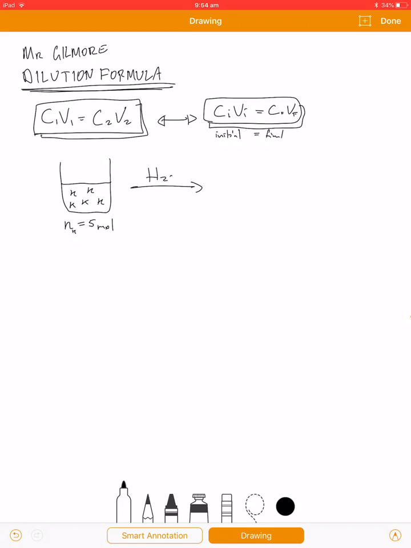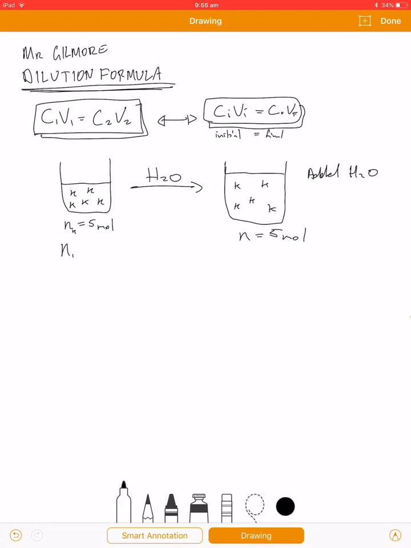To do that, all we're going to do is add distilled water. Our beaker now has a larger volume, but all we've added is water. Therefore, our moles of potassium present in our beaker is still 5 moles.